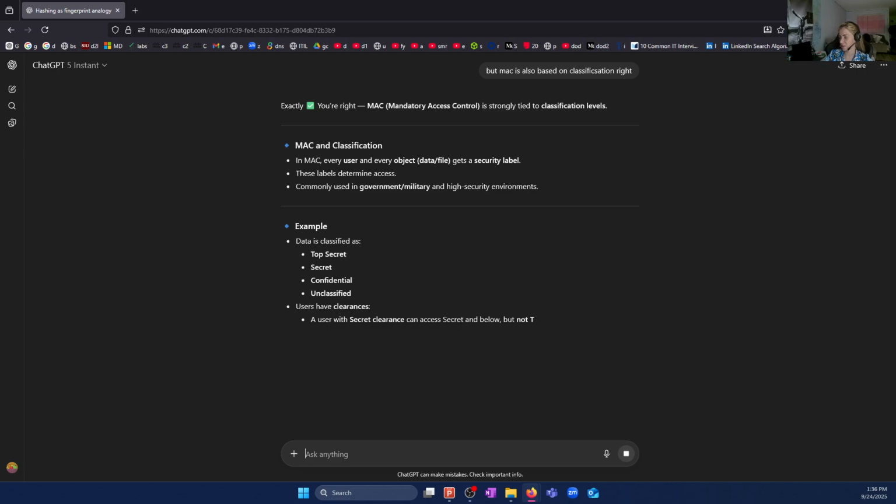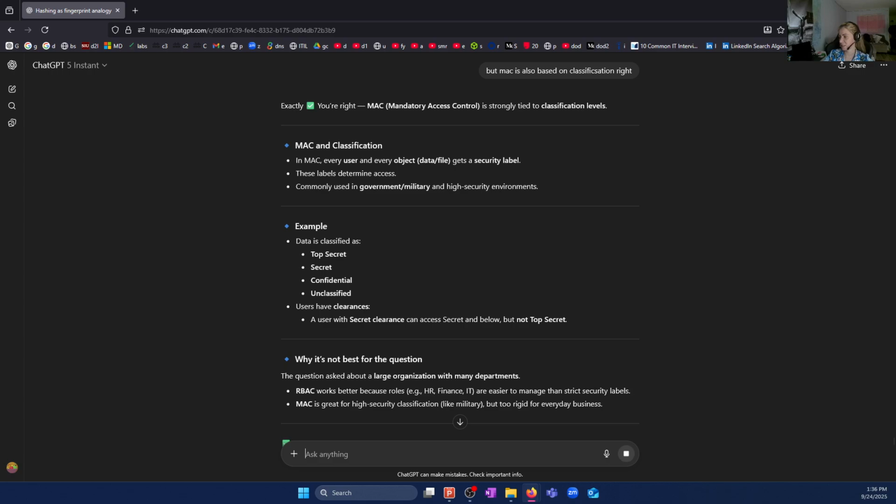So this is classification, the security label. These labels determine access. Commonly used in government, military, and high security environments. Data is classified as top secret, secret, confidential, unclassified. Users have clearances. A user with a secret clearance can access secret.